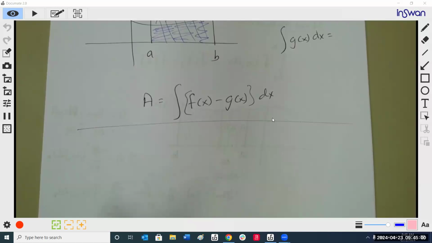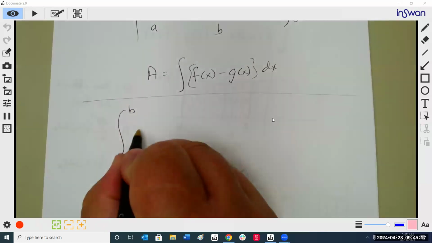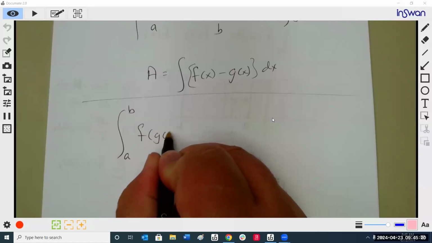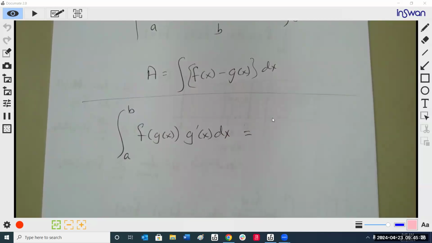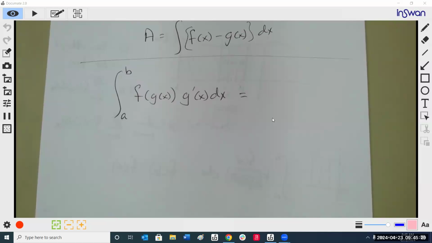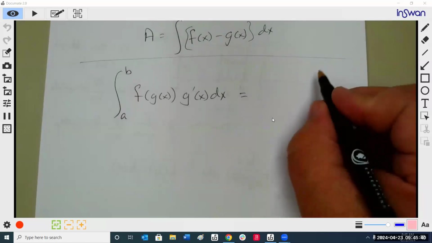What if we had a composite function? f of g, f of x, and g of x, those are pretty easy equations. What if we had a function f of g of x? This is what we found out earlier. Does this look familiar? Let's make it easier for you.